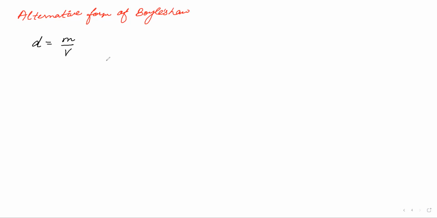From P is equal to K by V, we can say that 1 by V is equal to P by K. That we can substitute here.